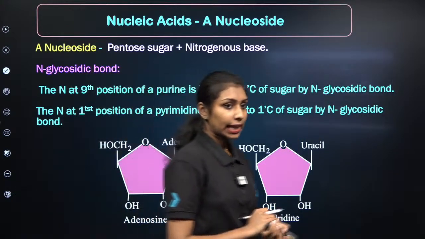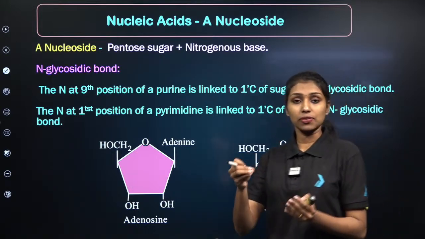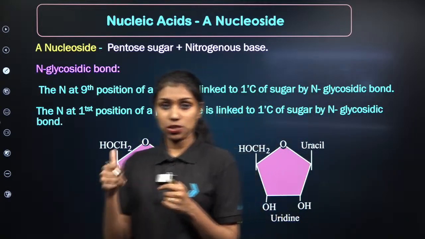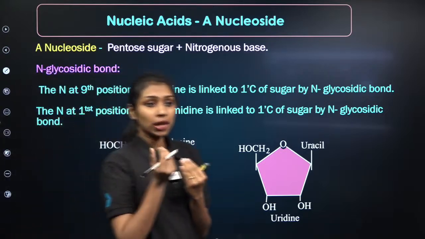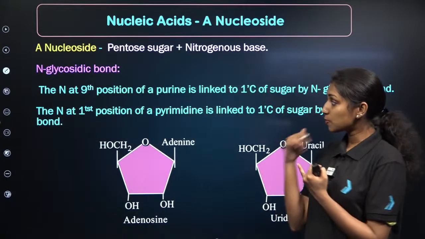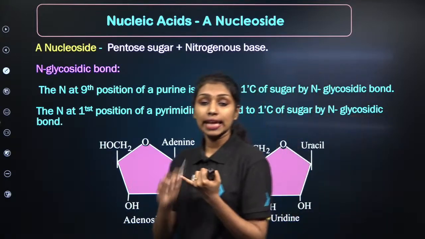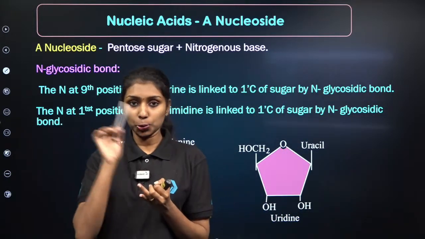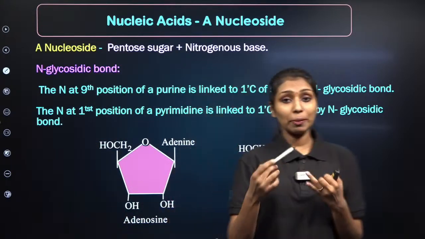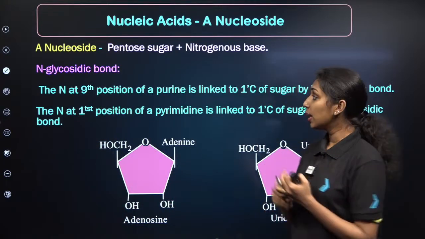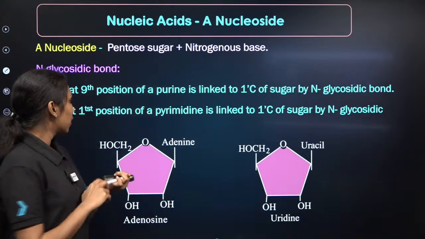We have already seen that there is a glycosidic linkage between the nitrogen of the nitrogen base and the carbon of the sugar. We may have some doubt about which position of the nitrogen, in the case of purines or pyrimidines. There are two types of nitrogen bases: purine and pyrimidine.